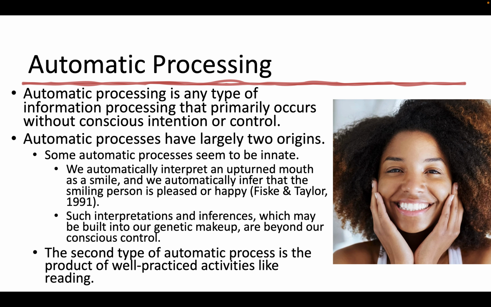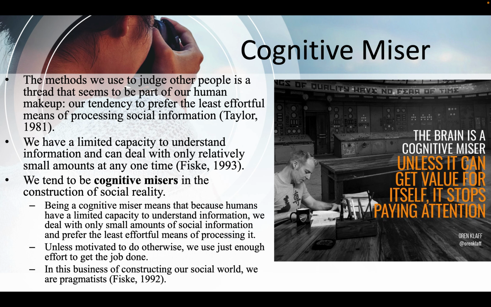The second type of automatic process is the product of well-practiced activities like reading, which is what I'm doing. The methods we use to judge other people is a thread that seems to be part of our human makeup, our tendency to prefer the least effortful means of processing social information. We would be struggling too much if we went after the most complex ideas out there.